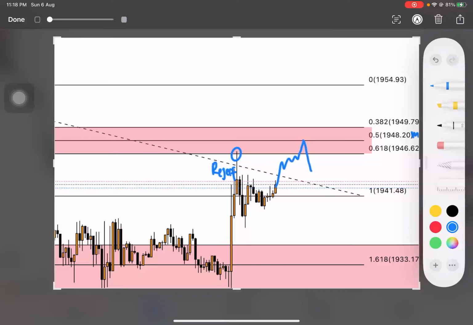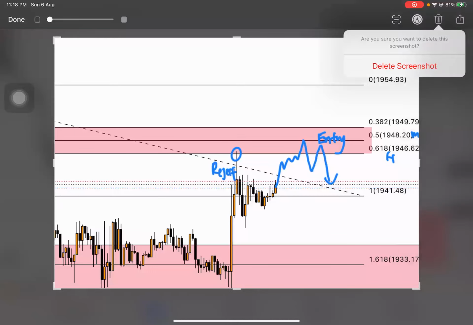When it breaks out of this high risk level, I will enter when it pulls back. This is your entry. I treat every level as support and resistance. If there is a breakout of the high risk level, then a pullback, I sell.